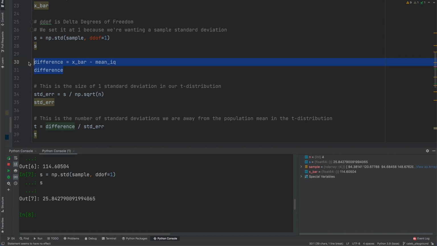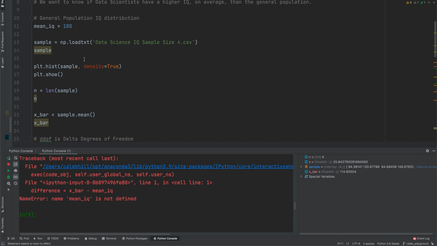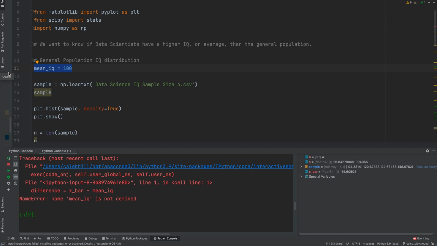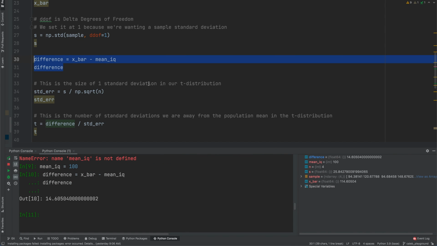And then we're going to grab the difference between the x bar and the mean IQ. Whoops, I didn't get the mean IQ here. We'll go grab that real fast. There we go. Okay, now we can keep going. So the difference is, again, just 114 minus 100.